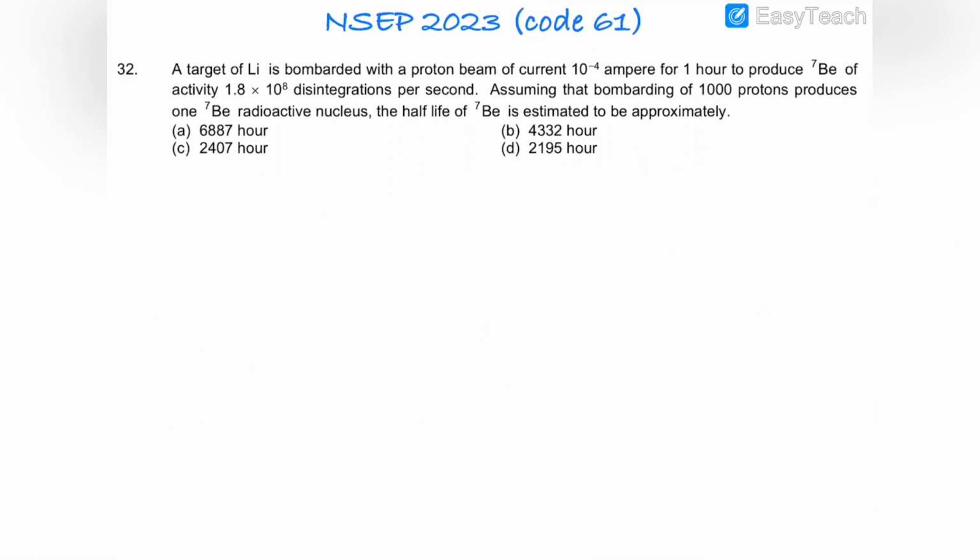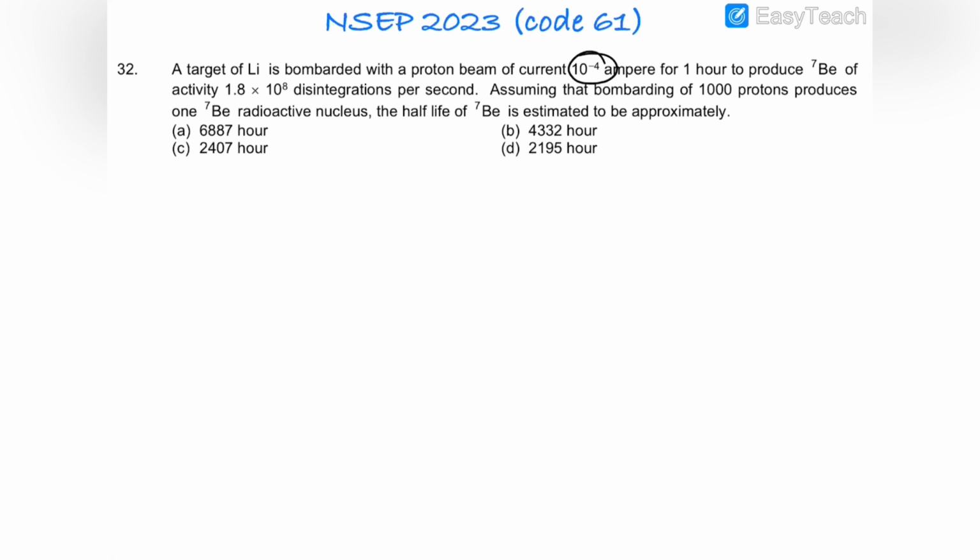In this question, you can see that a target of lithium is bombarded with a proton beam of current 10^-4 ampere for 1 hour, and it produces beryllium 7, whose activity is given, and it is given that the efficiency of producing beryllium is 1000 protons per beryllium nuclei. We have to find the estimated half-life of beryllium.